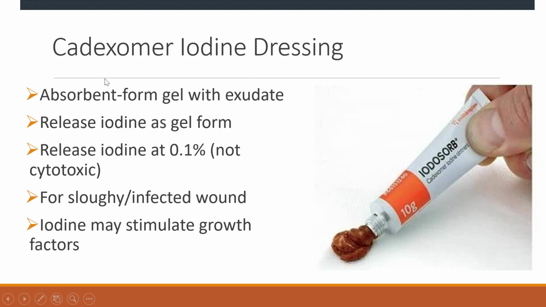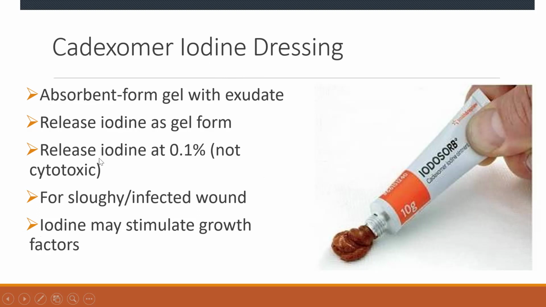And cadexomer iodine dressing. When you see there's iodine, it means this one can kill germs. The base of the dressing can help to absorb too much exudate and also release the iodine.